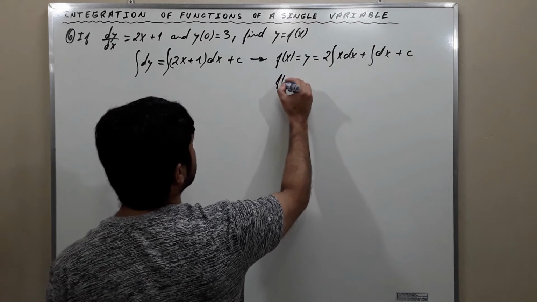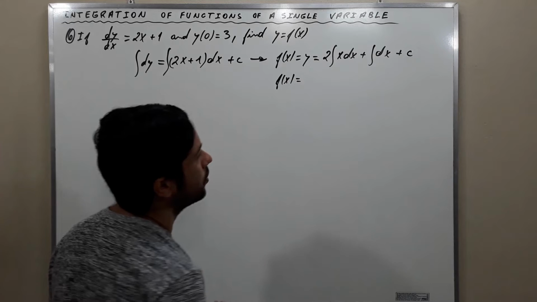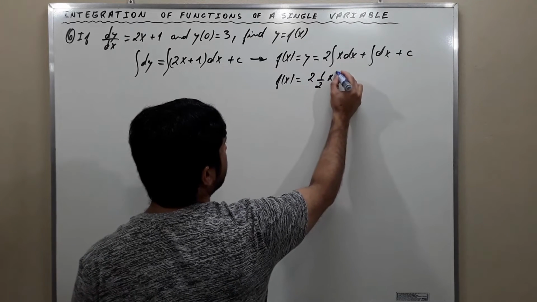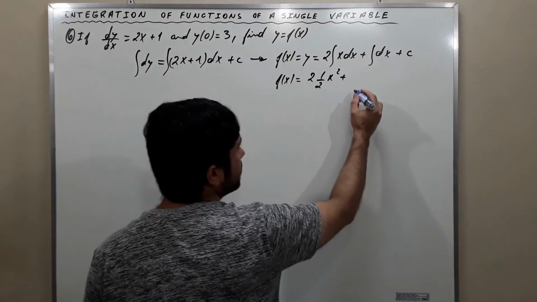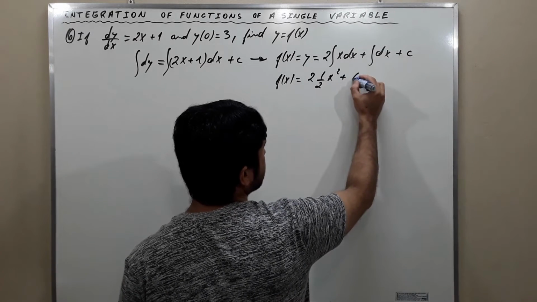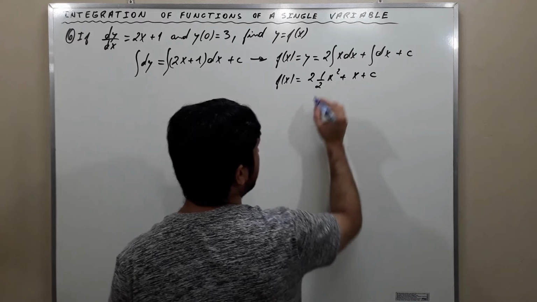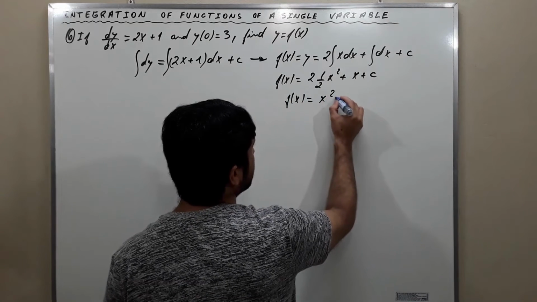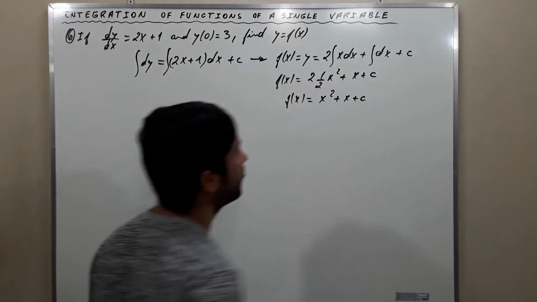Then f of x is going to be equal to 2 times a half of x squared plus x plus c. And we can simplify further, and it becomes x squared plus x plus c.